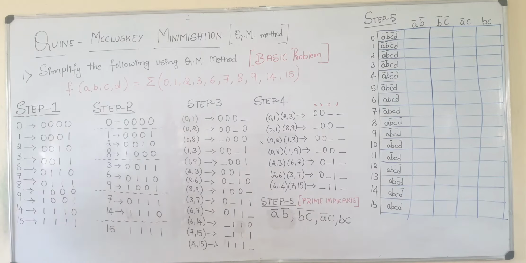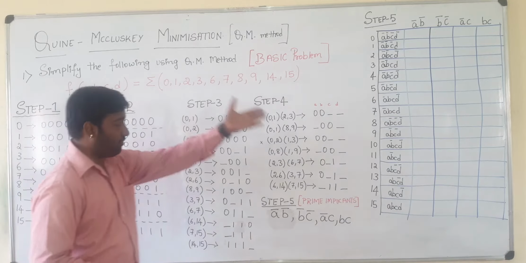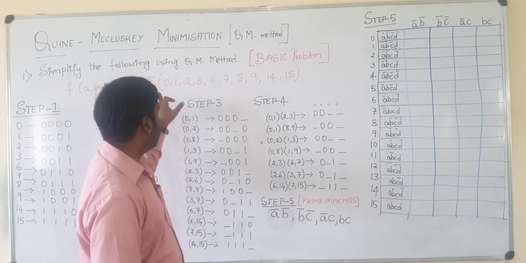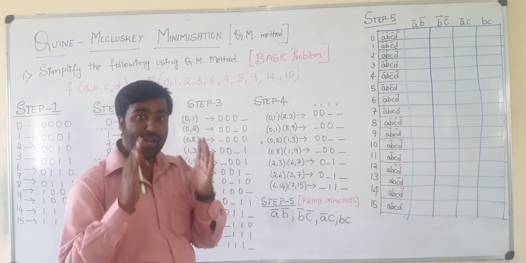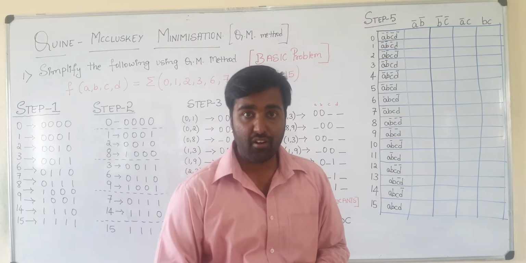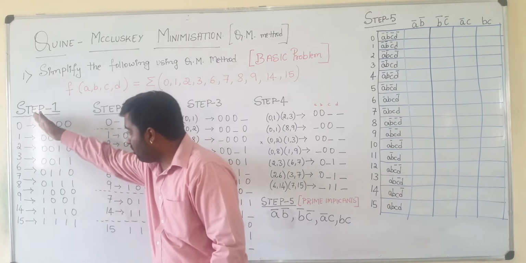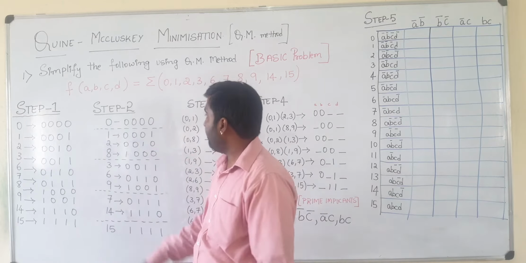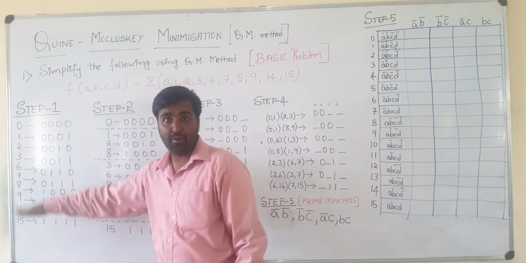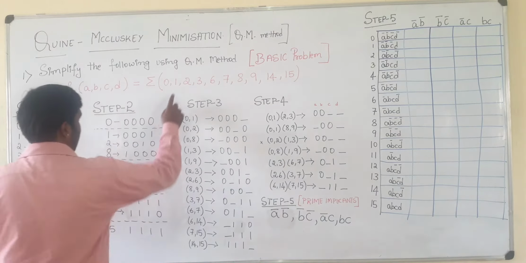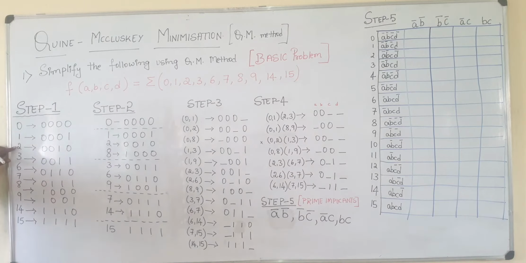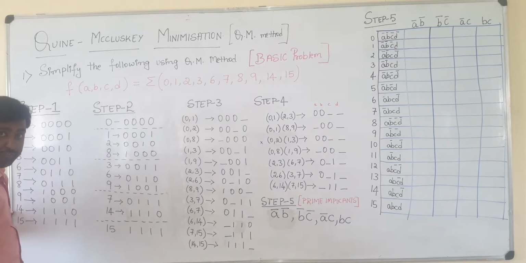In step 1, as soon as we project the question, you see that the numbers are made in ascending order. So I will write down all the numbers starting with the least number to the highest number: 0, 1, 2, 3, 6, 7, 8, 9, 14 and 15.